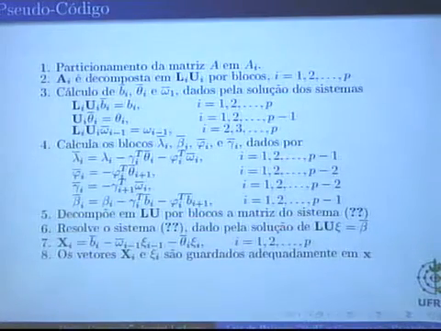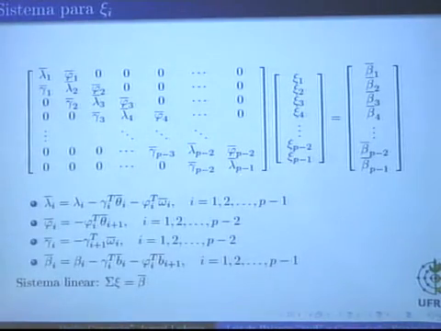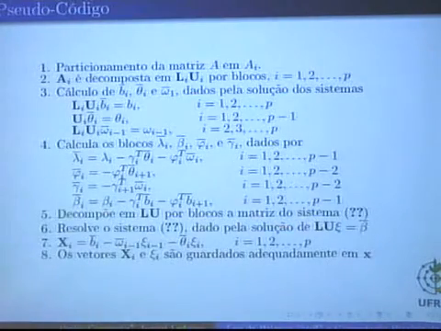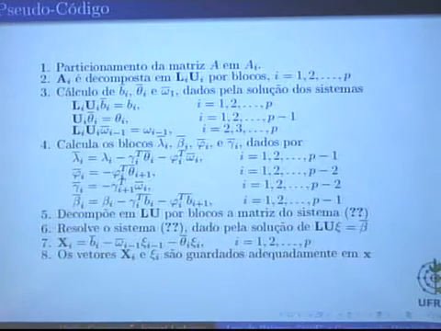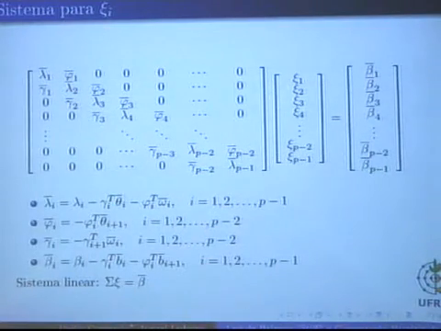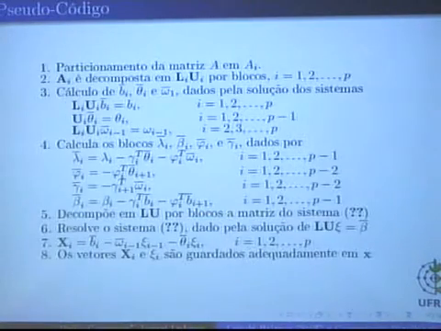These blocks here are the components of this matrix here. You can compute these terms in parallel also. This computation, this one, this one, they are computed in parallel. After that, you can decompose in LU the system here and then solve.